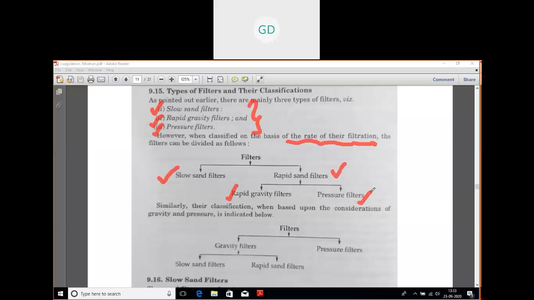Clear? So now we will study about your slow sand, rapid sand, and pressure filters. Pressure filters are okay, but generally slow sand filter and rapid sand filters are more important. So now let us see what is slow sand filter and rapid sand filters.